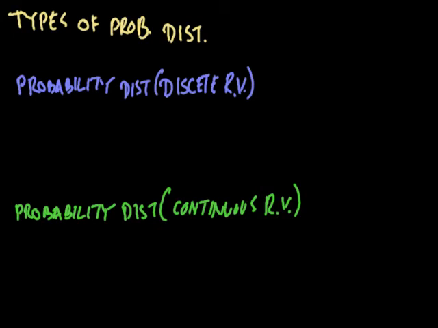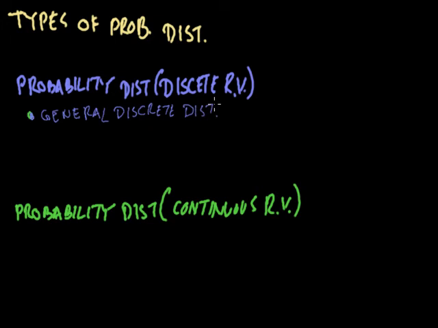Now, discrete random variable, when we talk about the types, there is the first type. Let's call it the general distribution. So this is the general discrete distribution.